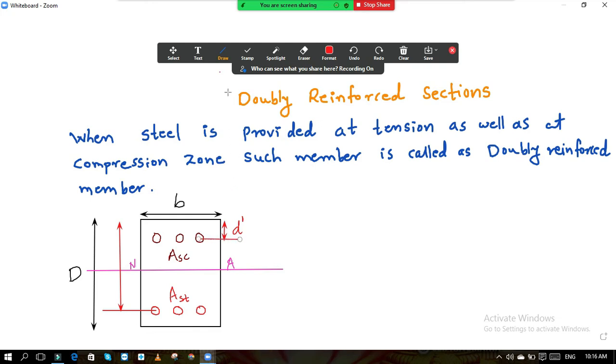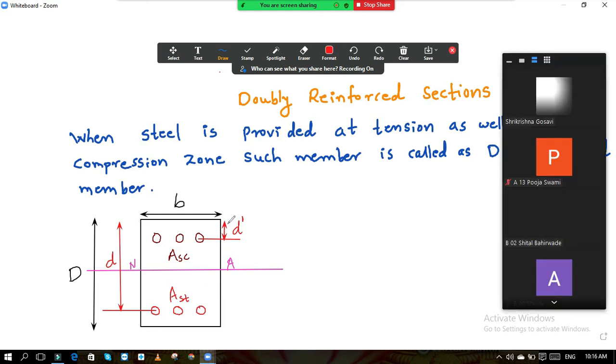This is the effective depth in compression zone, this is the effective depth in tension zone, and this is your D, the effective depth. And this is not effective depth, this is the effective cover, that is D dash. D dash is your effective cover.